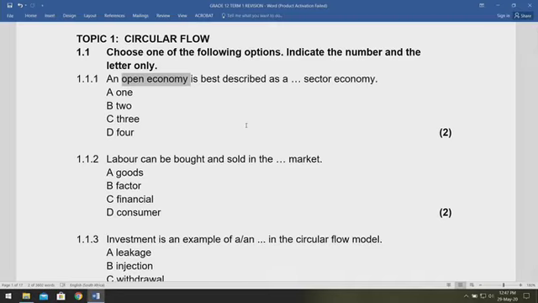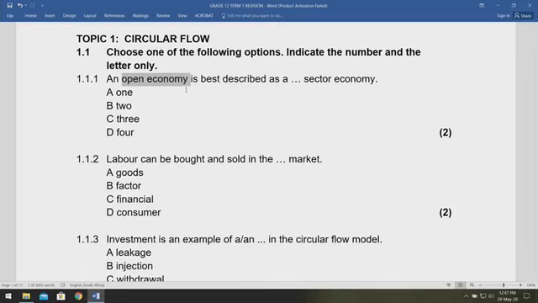So if you look at the first one here, it says an open economy is best described as a something sector economy. So the whole question is around the term open economy. Before looking at what the options are, you need to be asking yourself at this point, what is my understanding of an open economy?